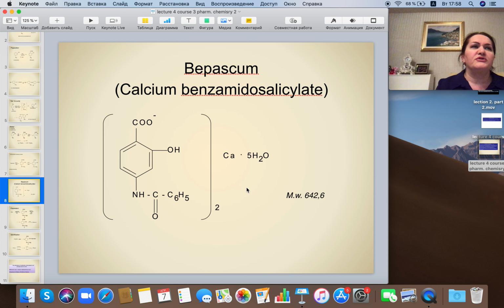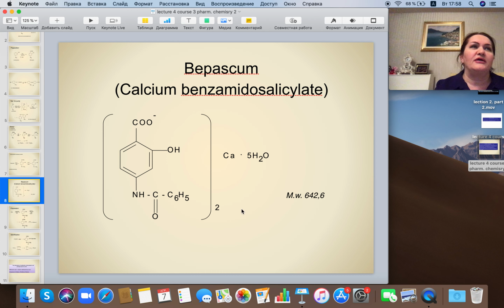In the complexometric method, we use as titrant sodium edetate or trilon B, and in this case as indicator we use eriochrome blue, or also murexide.